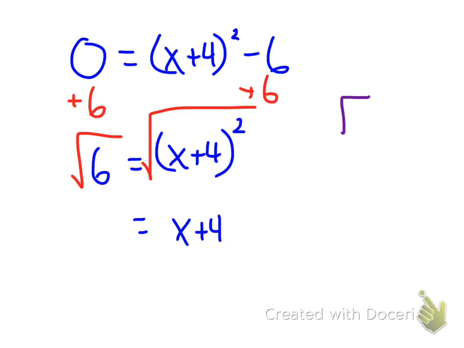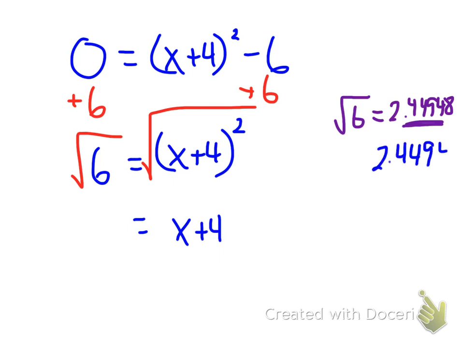On the calculator, the square root of 6 is going to be about 2.44948, and it keeps going. I'm going to go to 2 or 3 decimal places. So if it's 2.4494, this 4 means I do not round it up. So I'm going to go with those numbers right there.